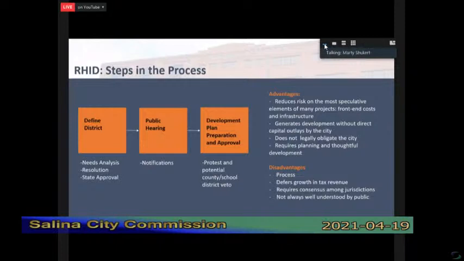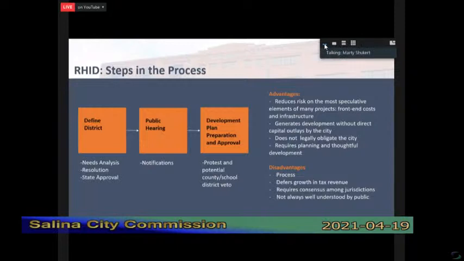So if the project wouldn't happen without it, and really needs it to be able to accomplish other development goals in the city, like job attraction, it may be worth that sacrifice, and it may not be a sacrifice at all. But nevertheless, you don't get the immediate tax revenue created by that particular development.